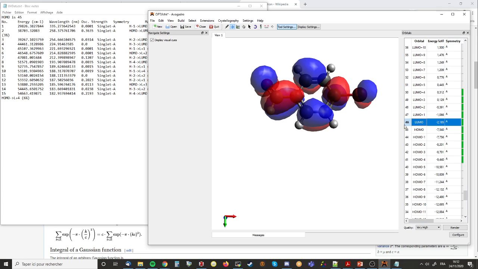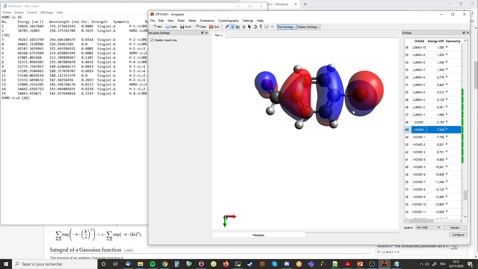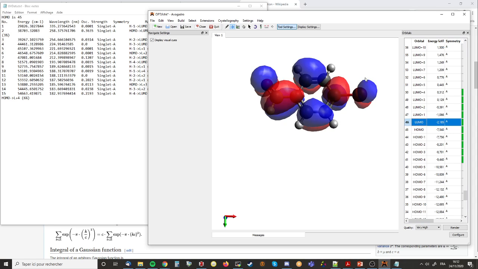You have some electronic displacement, because here you have a lot of electrons and almost nothing here, too few here and quite a lot here. So the electron barycenter is shifting, so we have an electronic displacement during the transition. So we have a dipolar moment that is generated during the transition, and this is good.